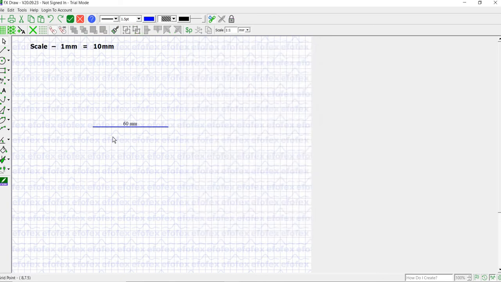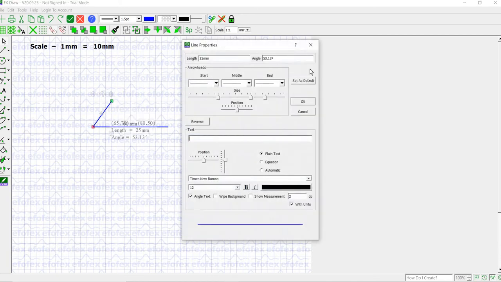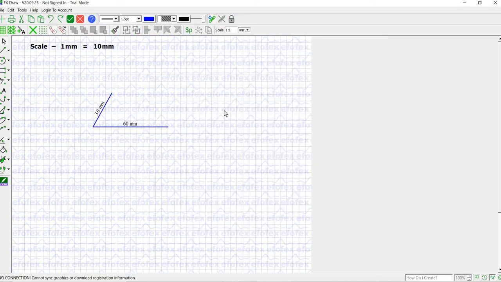Then I'll draw another line, which is the crank, at an angle of 60 degrees, and the length is 30 mm. So that is the crank.